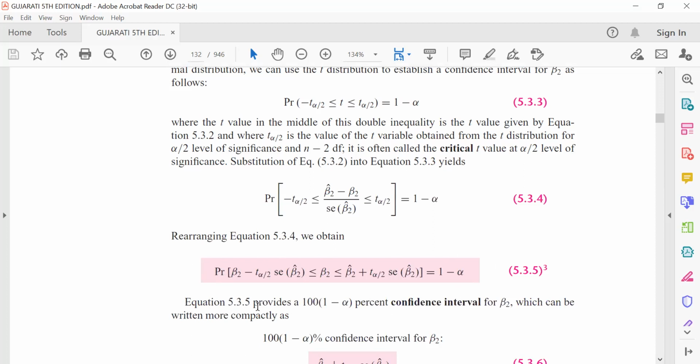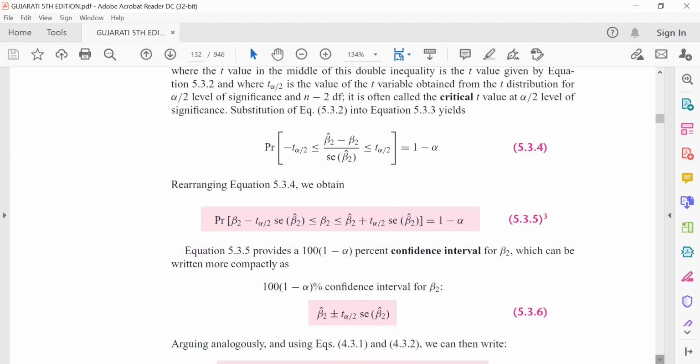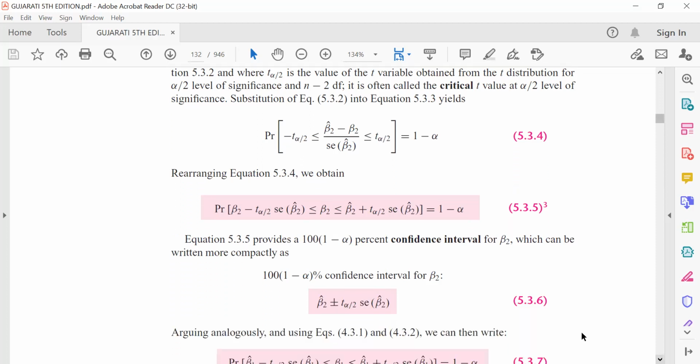Equation 535 provides the 100(1 minus alpha) percent confidence interval for beta 2, which can be written more compactly, as in equation 536: beta 2 plus minus t alpha over 2 times the standard error of the parameter. So the equation here is the short form.